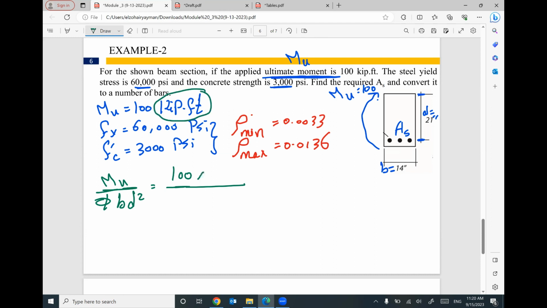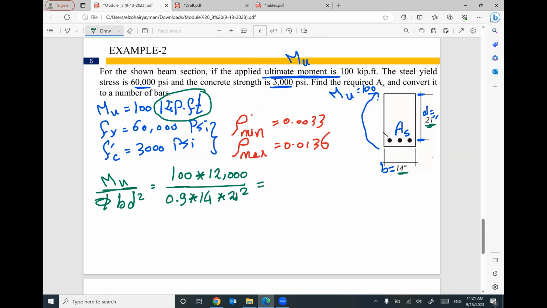So I need to multiply it by 12,000. Do you remember? If you have this value in pound inch, I will divide it by 12,000 to be kip-foot. Right now we have kip-foot. Go ahead and multiply it by 12,000 to be pound inch. Divided by phi 0.9. B, the width of your cross section, is 14. Your depth is given 21 square.